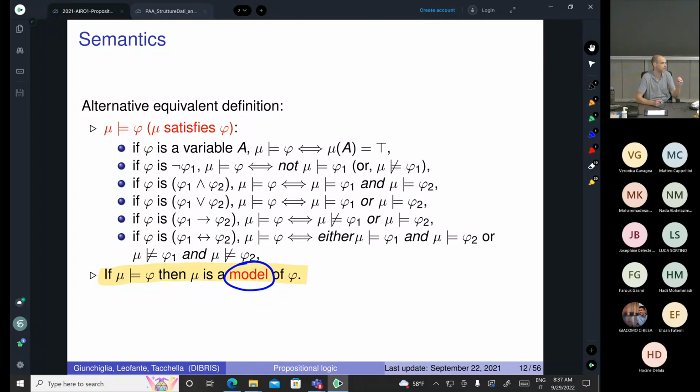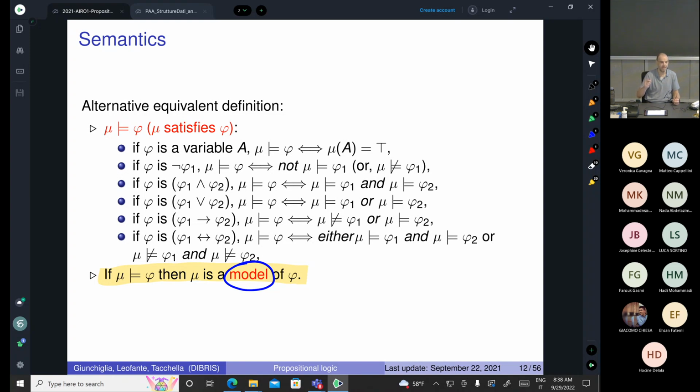There are some special assignments, those that satisfy a formula, so those assignments that make the formula true. The inputs that make the Boolean circuit emit 1 or true. And those are called models. So everything is an assignment. Each time you assign values to all the atoms of a formula, you have an assignment. Some of the assignments are models.